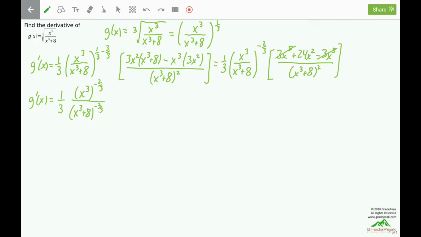If you have a fraction raised to a power, you can raise the numerator and denominator to that same power separately. It's a good idea to do that because we'll be able to simplify in doing so. And we now have this multiplying. What's left in the square brackets, we have a 24x squared over a x cubed plus 8 raised to the power of 2.